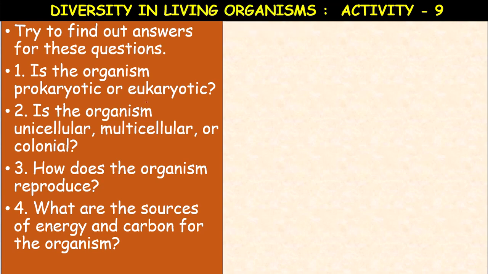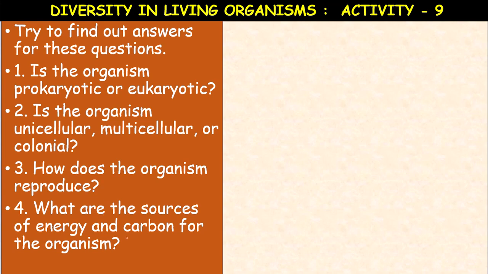For example, if you consider amoeba, it is a eukaryote. Well developed nucleus is present. It is unicellular. The organism reproduces by binary fission.